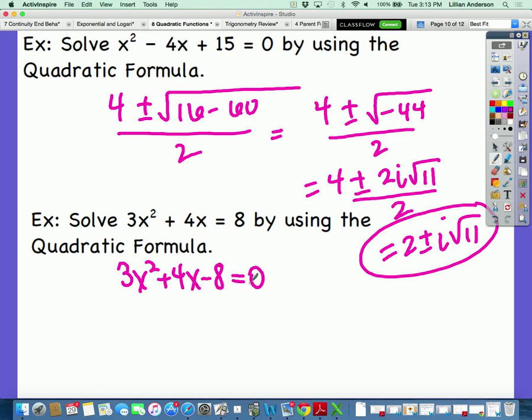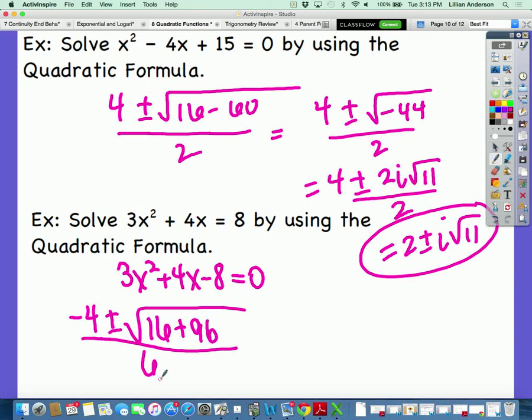I like to put all mine on the same side. Makes it a little bit easier. Negative b plus or minus the square root of b squared minus 4 times a, which is 12, times c, which is positive 96, over 6. You guys agree? And negative 4 plus or minus, carry the 1.